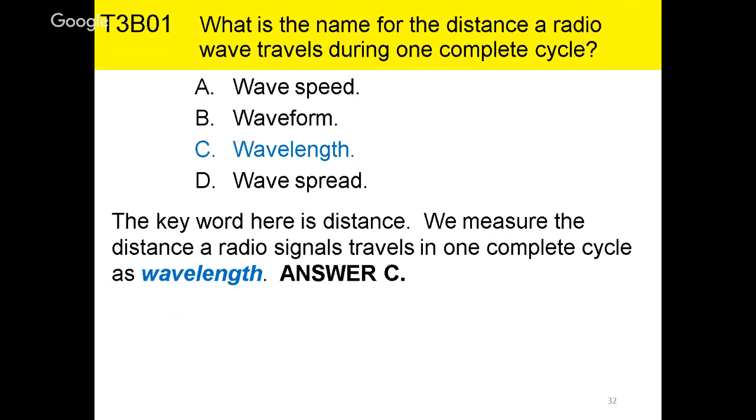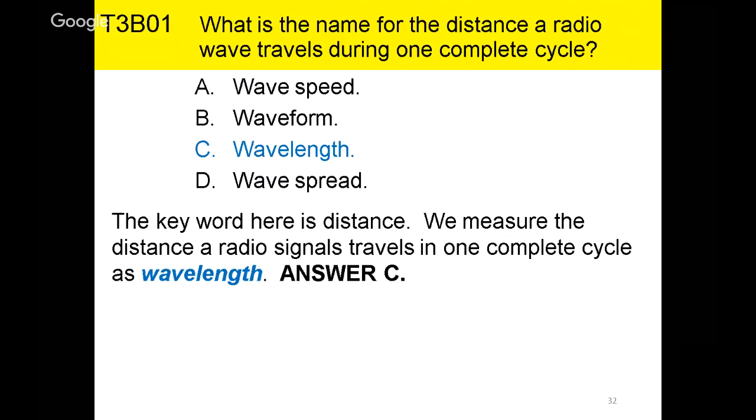However, when we jump from 160 meters to 10 meters, we automatically have an increase in frequency at 28 megahertz. So the shorter the wavelength, being 10 meters, the higher in frequency it goes.